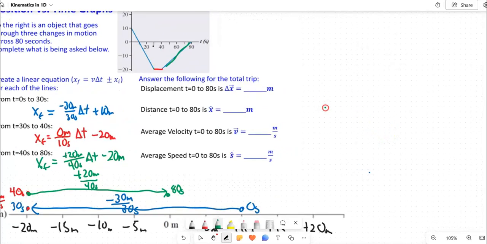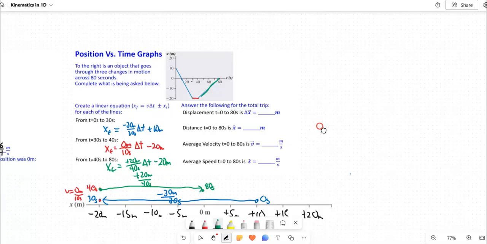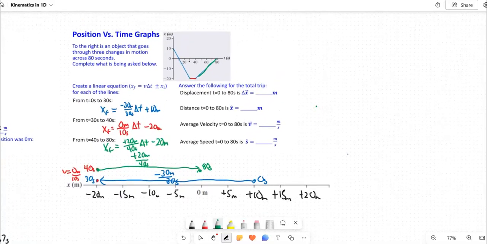Now, what is your displacement over the 80 seconds? So this is what we're going to use for our black line. Well, for that 80 seconds displacement, at 0 seconds, you started here. Hold on, I'm sorry, that should be positive 10.